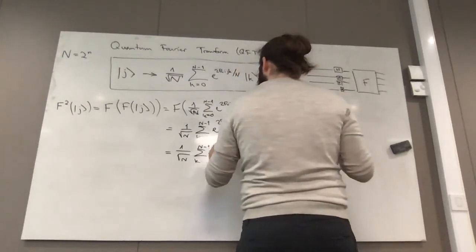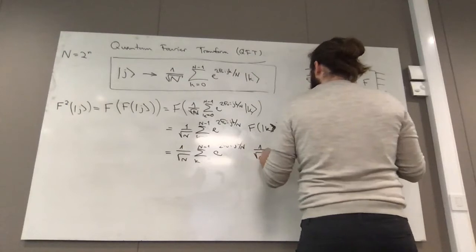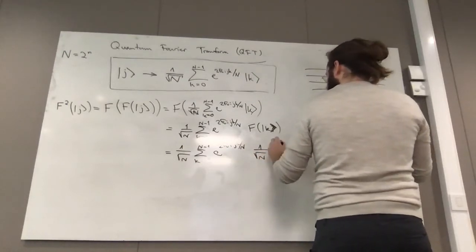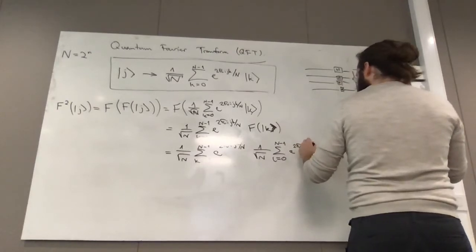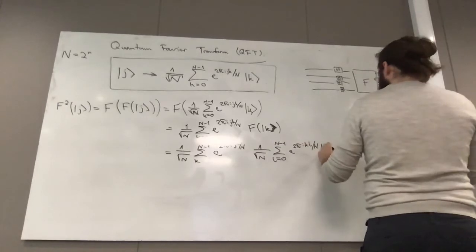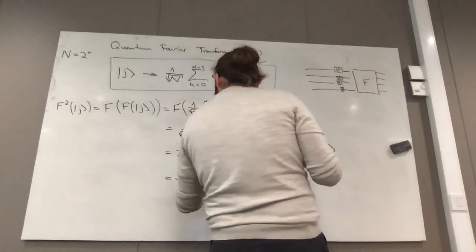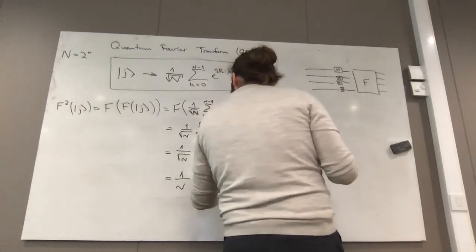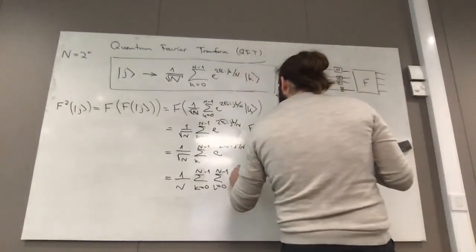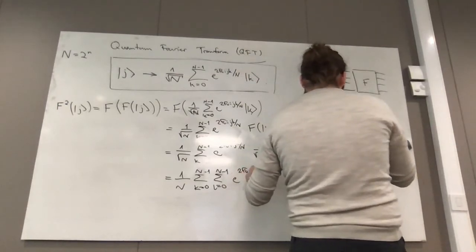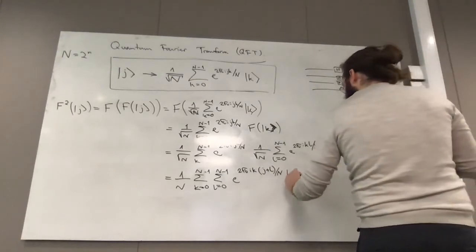So e to the 2 pi i j k over n, and then just one more time, sum over L equals 0 to n minus 1 of e to the 2 pi i k L over n, times L. So a double sum with capital N here, k equals 0 to n minus 1, L equals 0 to n minus 1, e to the 2 pi i, where k is factored out and you get j plus L inside, over n, times L.